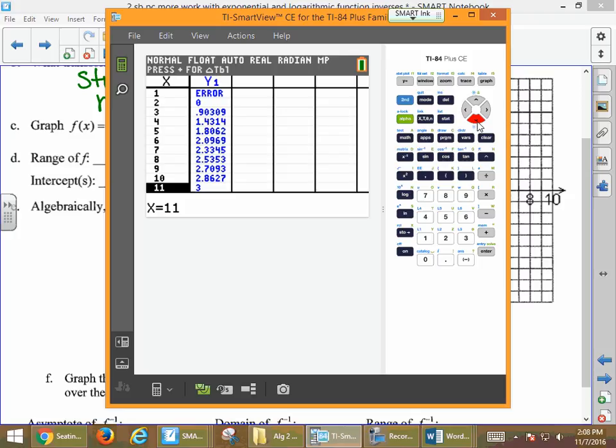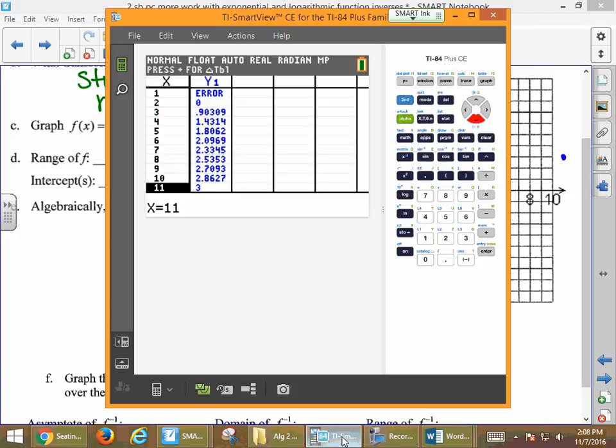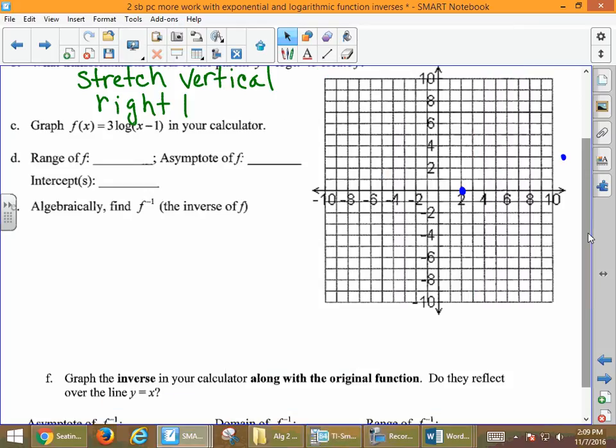We see another point, 11, 3. Oh, wait. I just went to the actual log button. We went to the table.